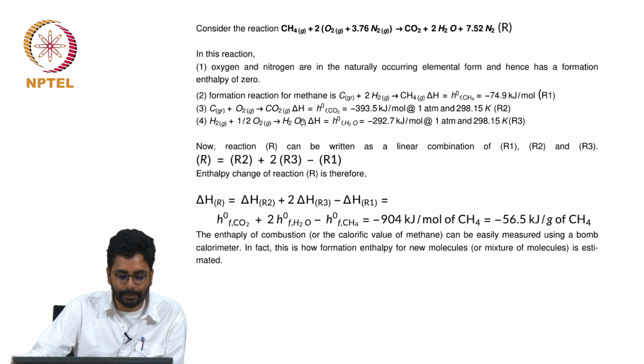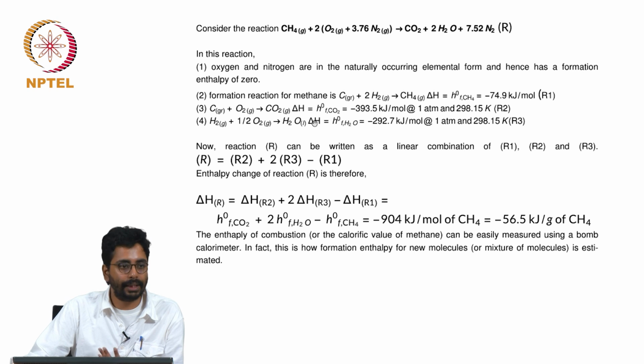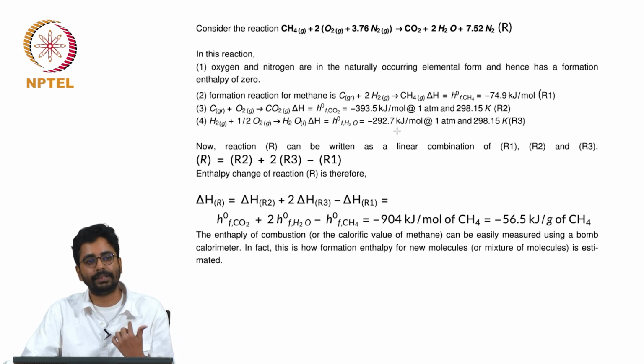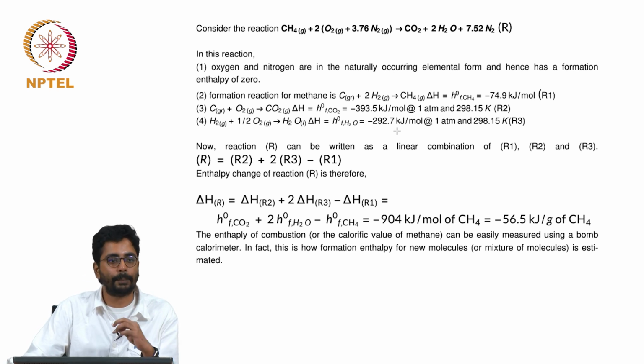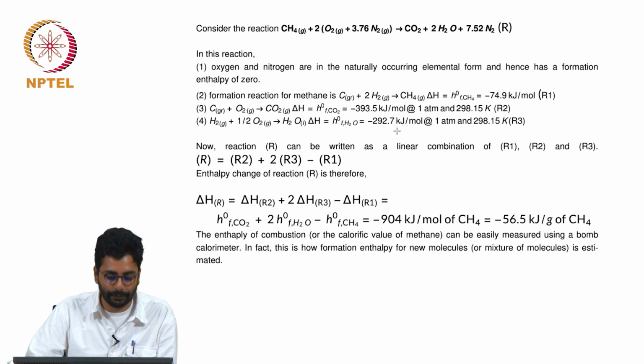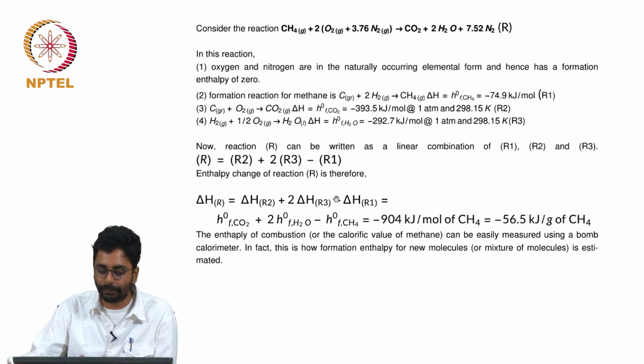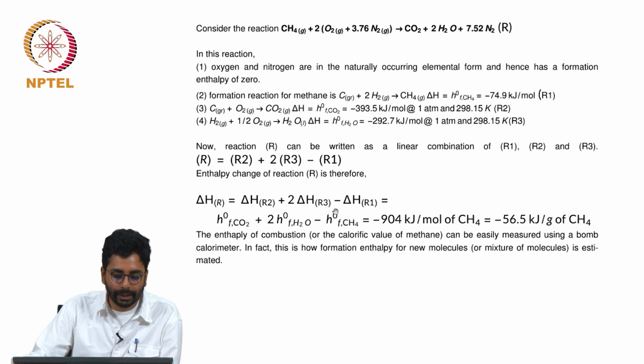Remember that the naturally occurring form for water is liquid water. So the enthalpy change associated with the boiling of water must be accounted for depending on whether you are interested in combustion products in vapor form or in liquid form, usually in the vapor form. Okay. The simple idea is that now the chemical reaction at the top of this page can be expressed as a linear combination of these three reactions.